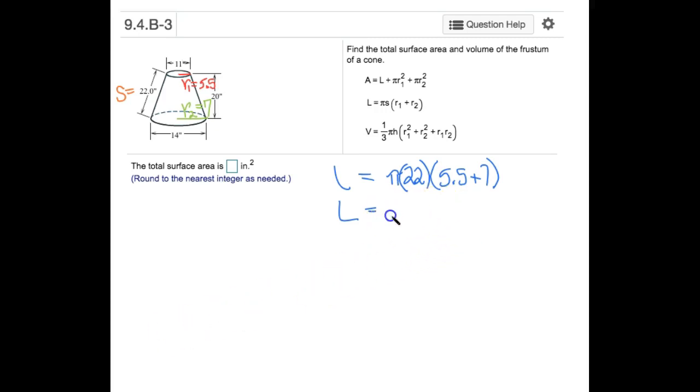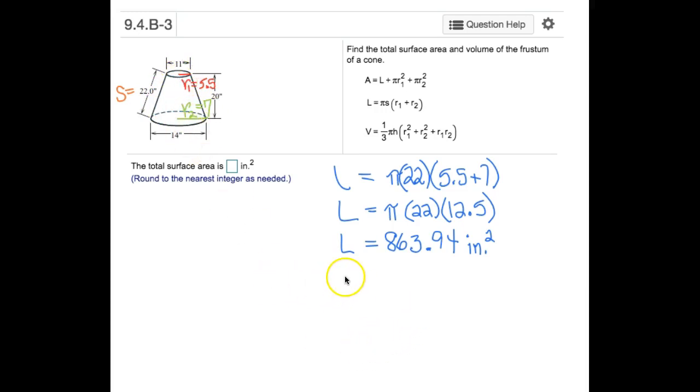Well, I guess what's always best, most calculators should have a pi button. So go ahead and just keep that pi in there. We're going to add first, and then we're going to go ahead and multiply. It gave me 863.94, and this is going to be inches squared because L represents lateral area. Lateral area is the part around the cone, not including the top and bottom circles.